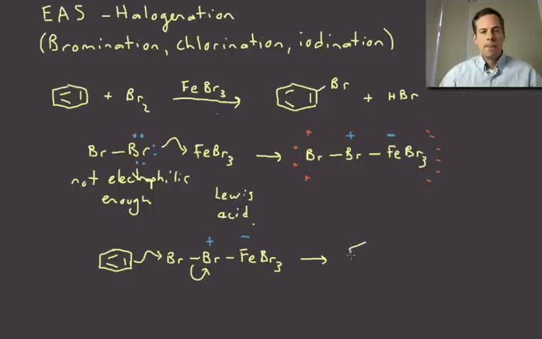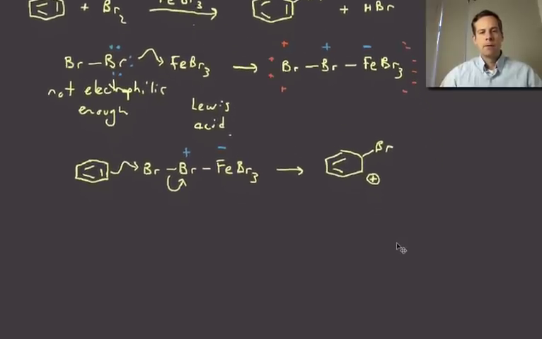Once we do that, we get to this cationic complex that is very much like the one we saw in the last video, where we have this cation that is stabilized as part of that dienyl system.